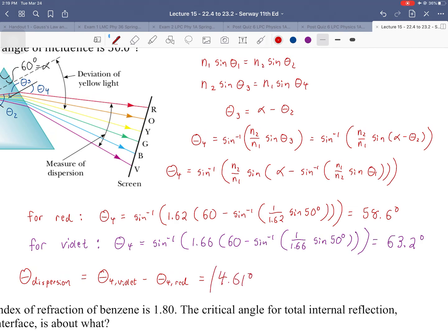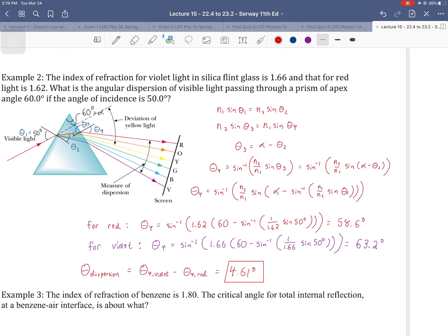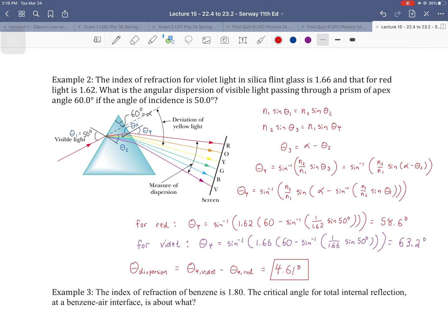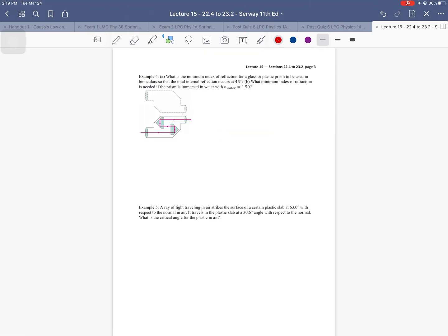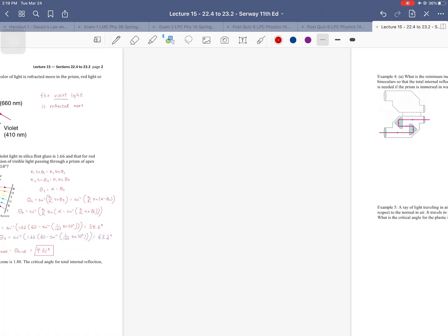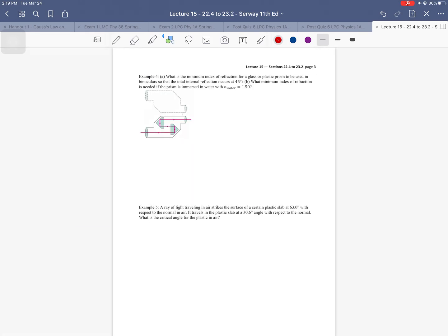Okay, so there we have how much dispersion there would be between either end of the rainbow. Right, so the maximum dispersion of visible light for this particular prism. All right, so you can really see how dispersion follows naturally out of Snell's law by just having a variable index of refraction. All right, so I have further examples that you can look at for practice.